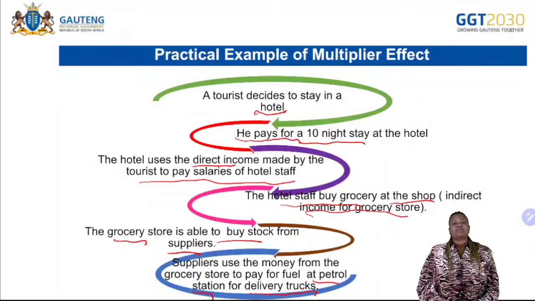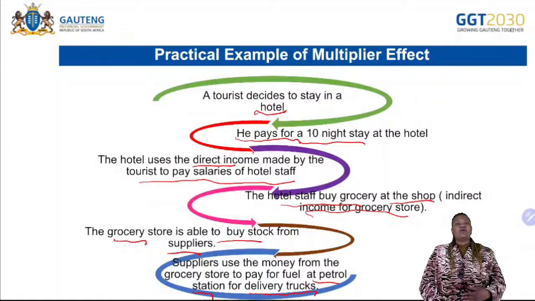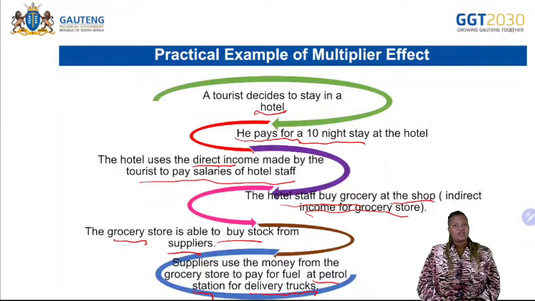And this again takes us back that it wouldn't have been possible if it wasn't for the tourists who came and spent money at the hotel. So can you see how the income is directly and indirectly benefiting different people? The income, or the money, that was spent by that tourist who came into our country.